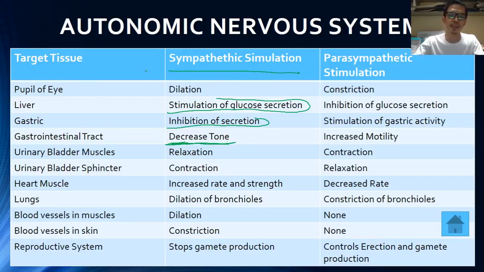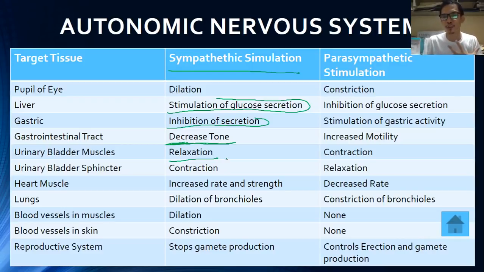Meaning to say, the sympathetic division of the nervous system controls the digestion, so there will be no digestion process. It also controls the urinary bladder muscles so that you will not be able to urinate during an emergency.